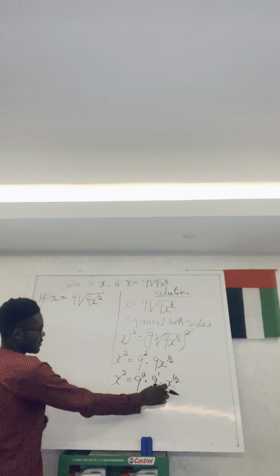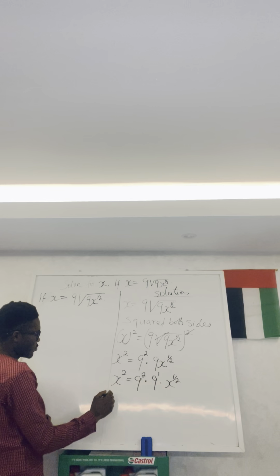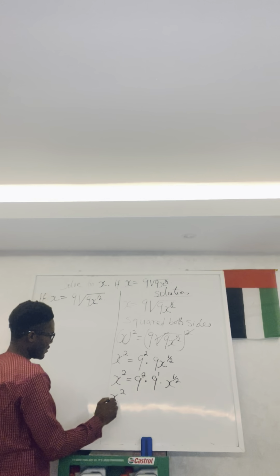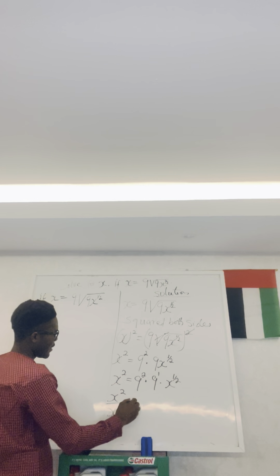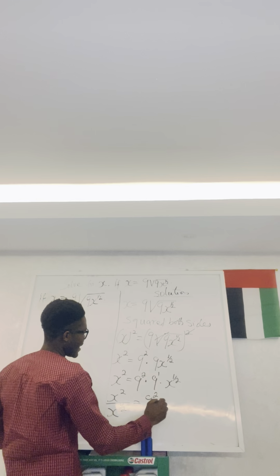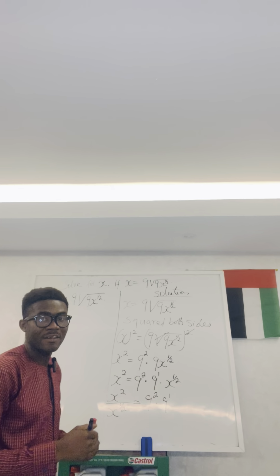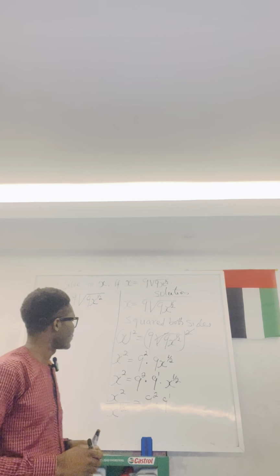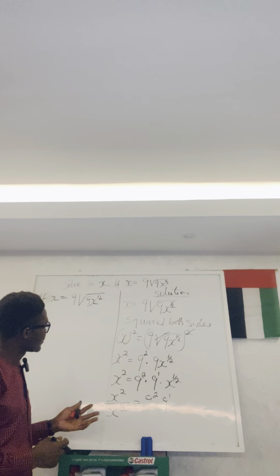So take this x raised to the power of 2 to divide x squared. You have x squared over x raised to the power of half equals 9 raised to the power of 2 times 9 raised to the power of 1, because any number raised to the power of 1 is that number.